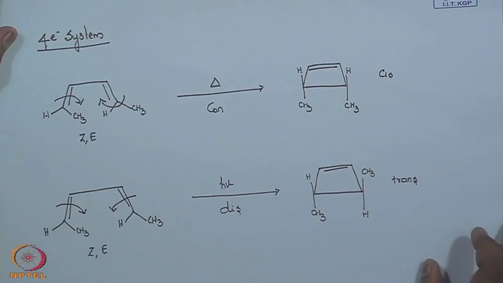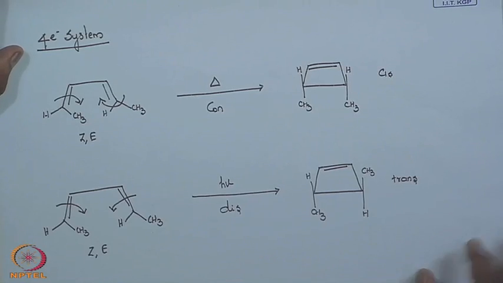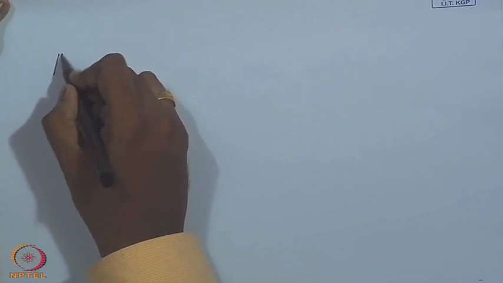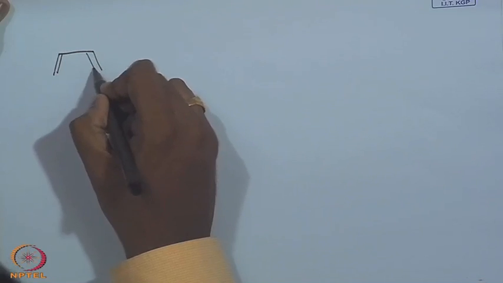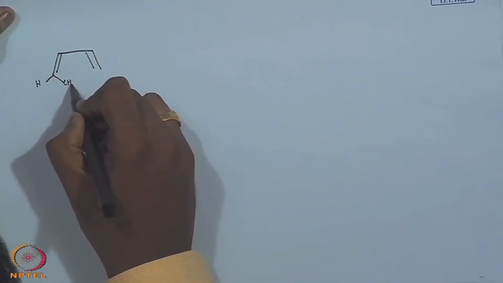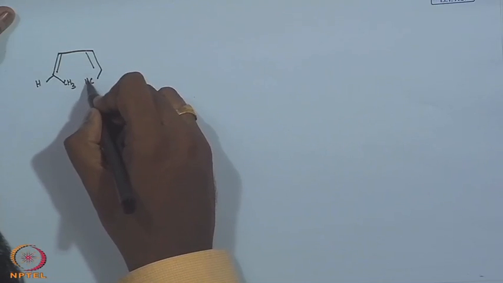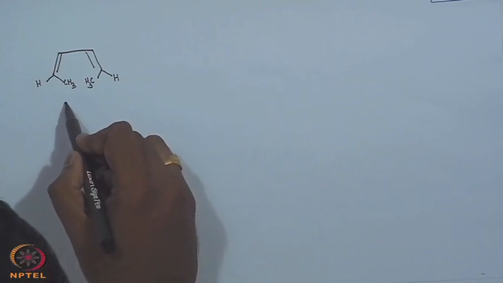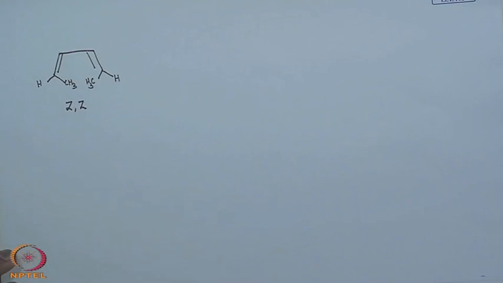This is for a 4 electron system. For example, here it is ZE, but if I take ZZ, what will happen? I am taking the same compound, the ZZ system.